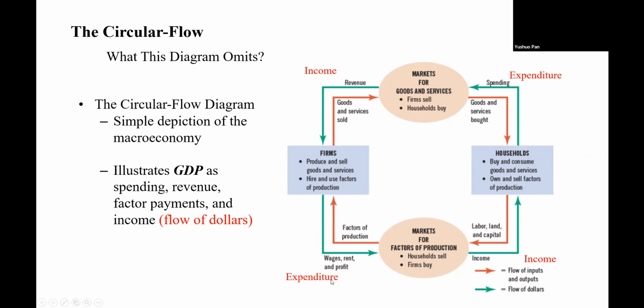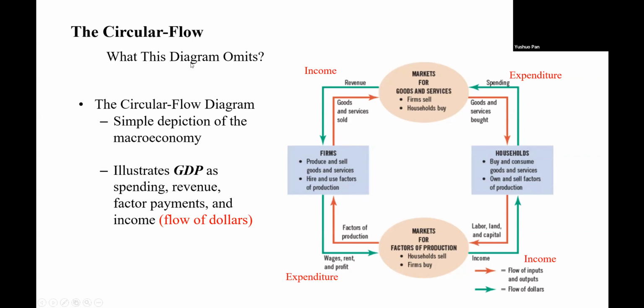But this amount of money also equals the income of the households when we give our labor time or rent our land or capital. So these two equal each other as well, and this is also a part of GDP.